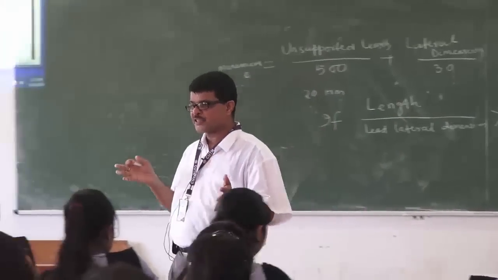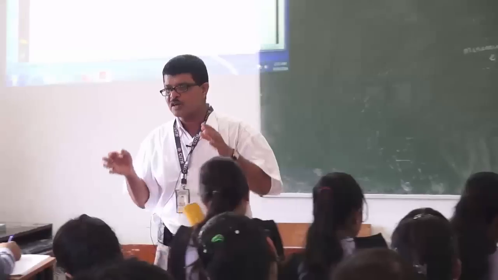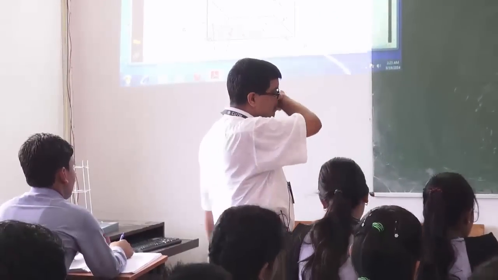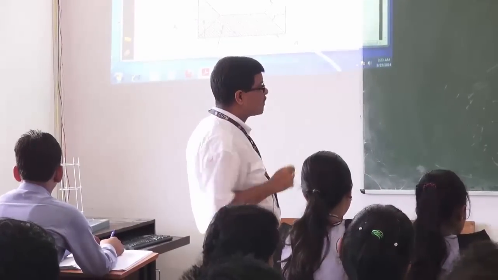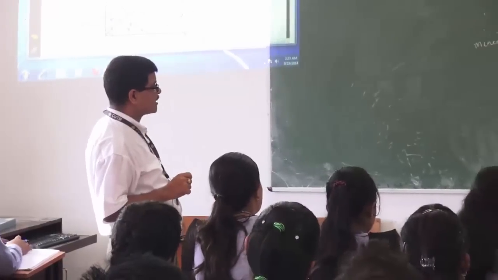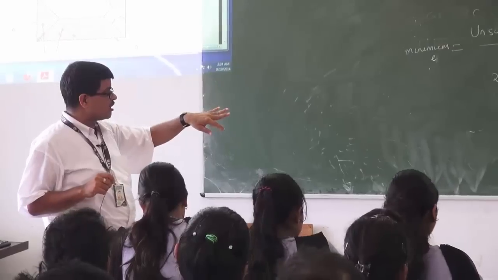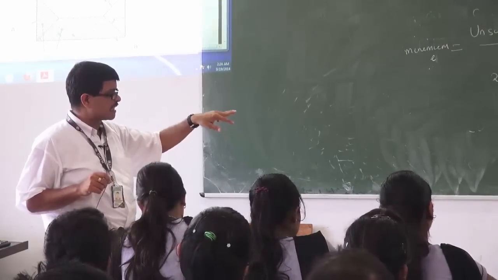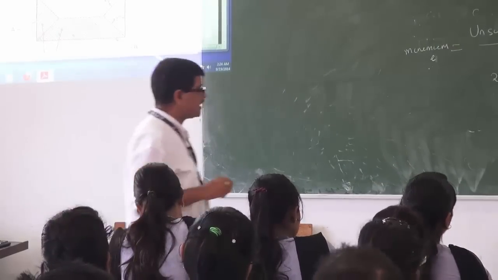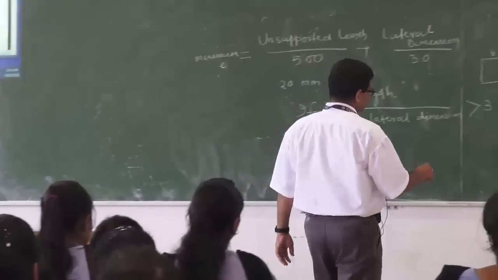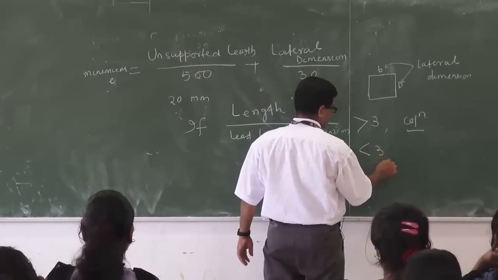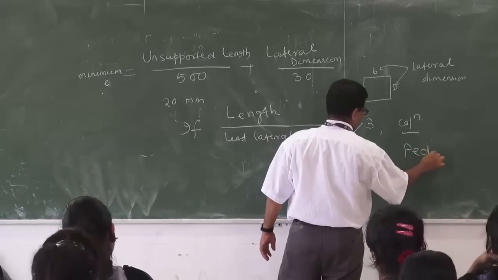You have 2 dimensions, one is the width, one is the depth. Out of these, the least value will be considered, known as the least lateral dimension. Once the length to least lateral dimension ratio exceeds 3, it is called a column. If it is less than 3, it is called a pedestal.